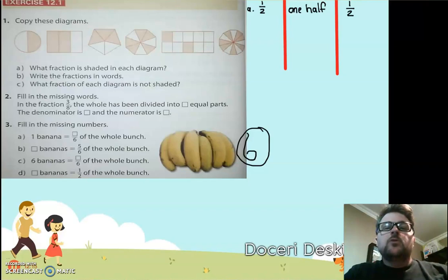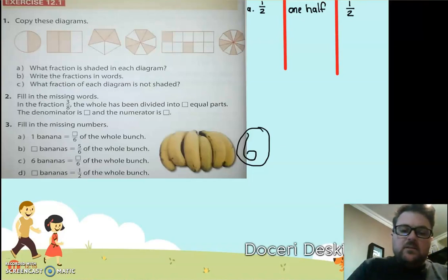Again, I want you to write out the whole question. For number 1a, 1 banana equals how many sixths of the whole bunch? So 1 banana, what would it be compared to the whole bunch? Yes, it would be 1/6.